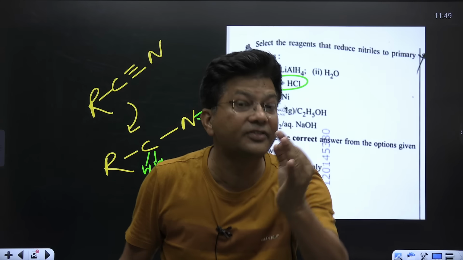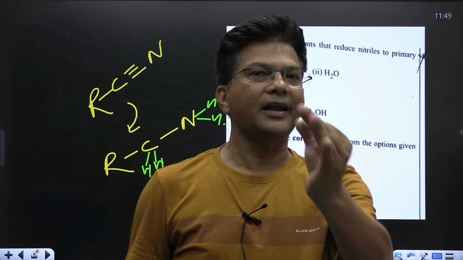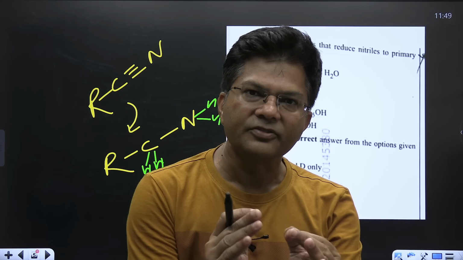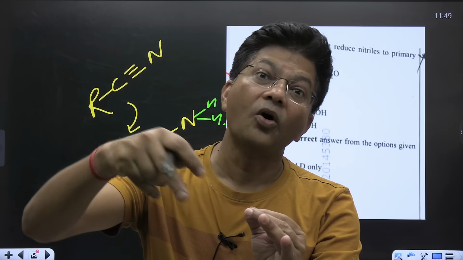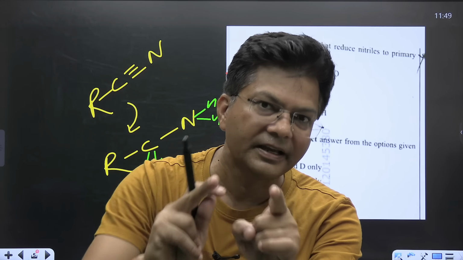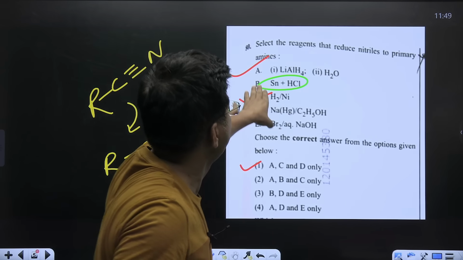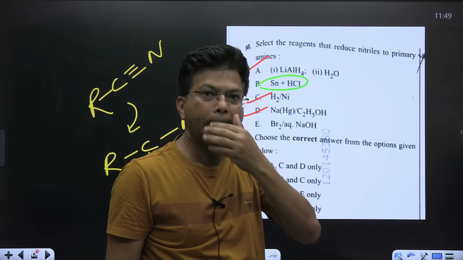In the NCERT, Stephen's reduction is given as RCN plus SnCl2 gives amine, and then on hydrolysis gives aldehyde. But here the word hydrolysis is not used.